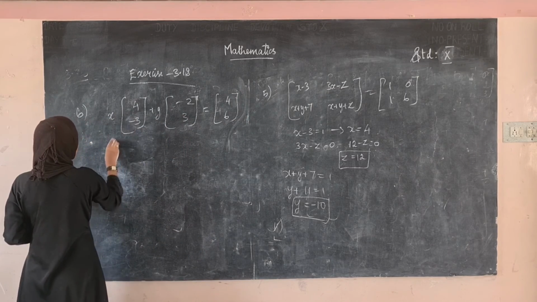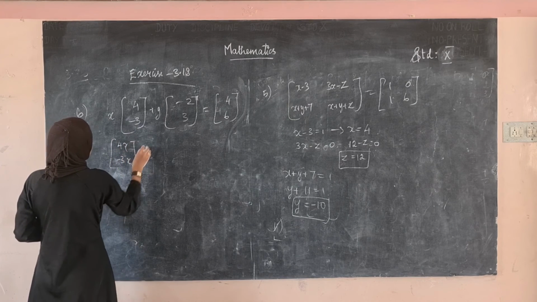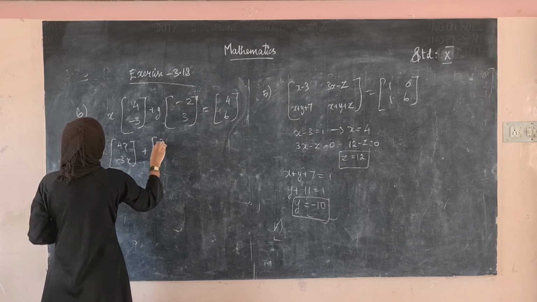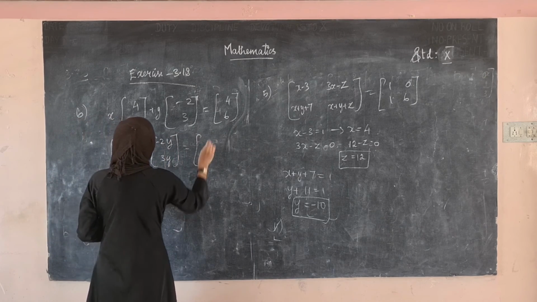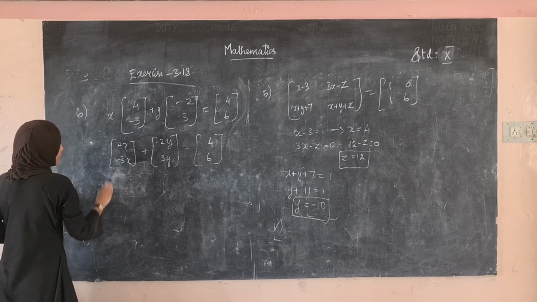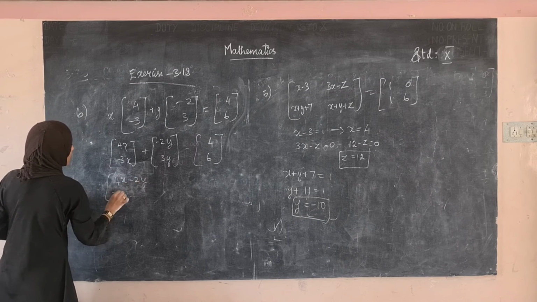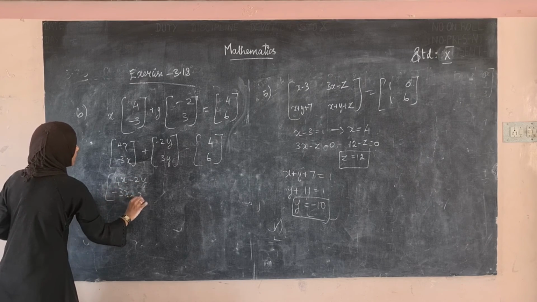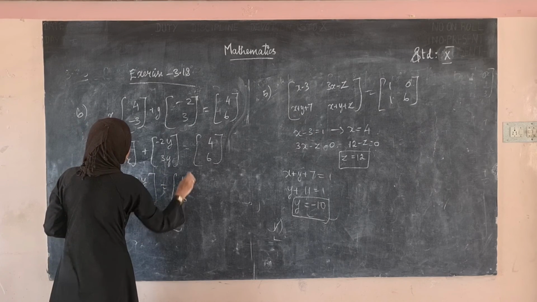Now multiply this x inside: 4x, minus 3x, plus minus 2y, 3y, which is equal to 4, 6. And we have to add these two matrices, that is 4x minus 2y, minus 3x plus 3y, which is equal to 4, 6.